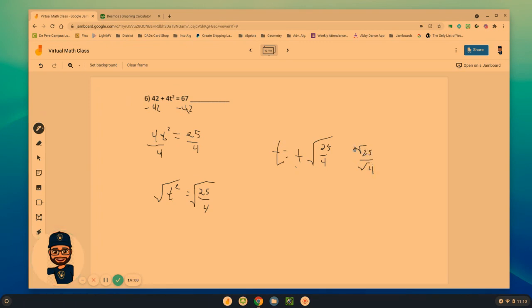What's the square root of 25? That's 5. And what's the square root of 4? That is 2. And we just make sure we put that plus minus sign back out in front like we're supposed to. And we get plus or minus 5 halves, or plus or minus 2.5.